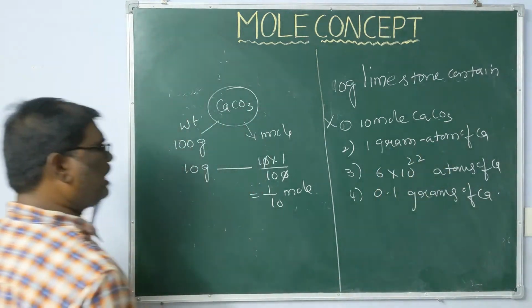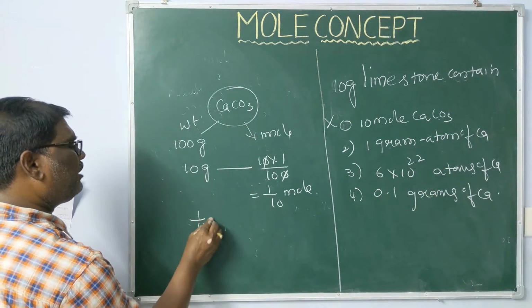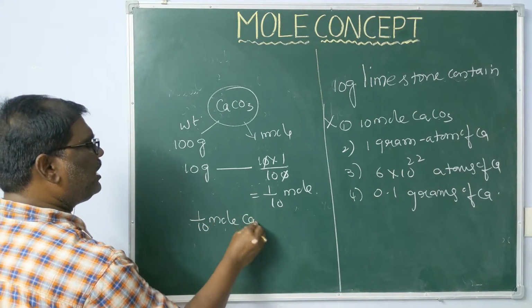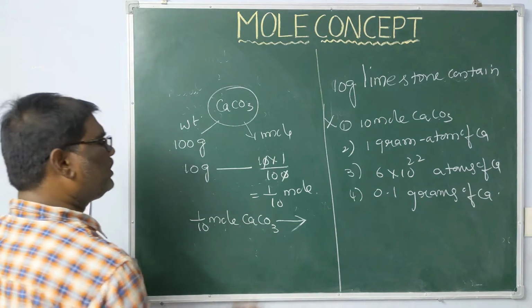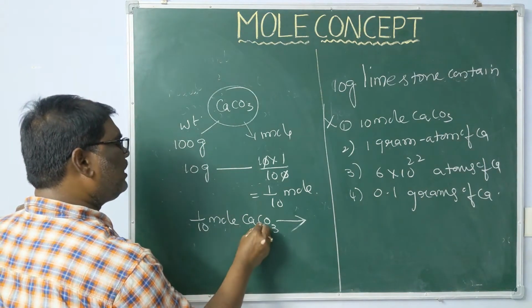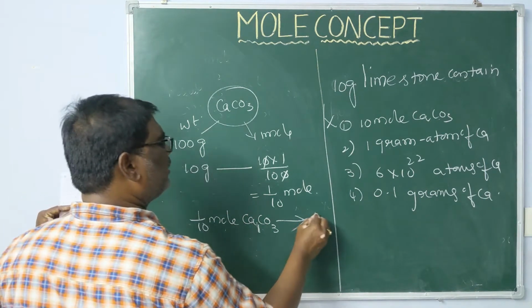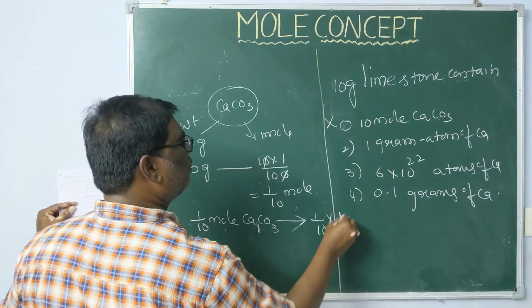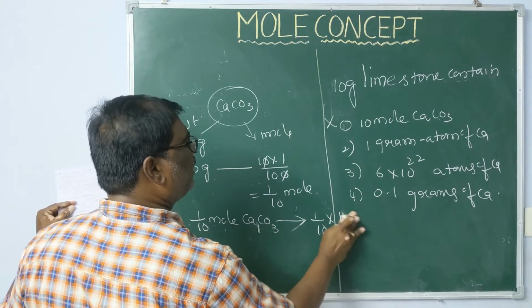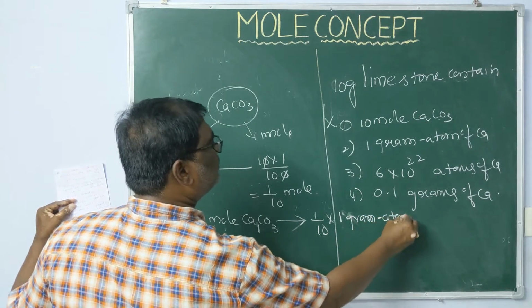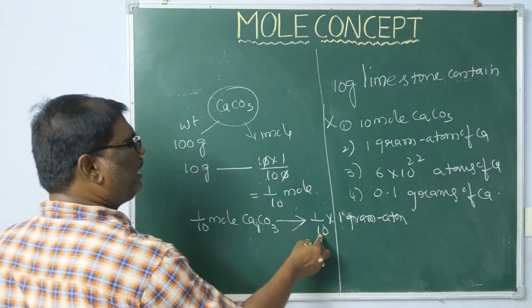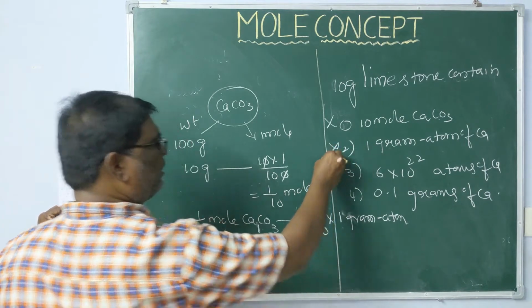The next one we have to estimate is gram atoms of calcium. 1 by 10 mole CaCO3 has how many gram atoms of calcium? There is 1. 1 means 1 Avogadro number. That is 1 by 10 into 1 Avogadro number or 1 gram atom. So we expect 1 by 10, but they gave 1 gram atom. This is wrong.